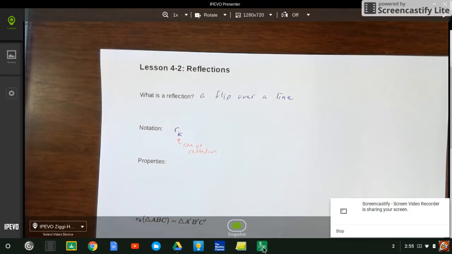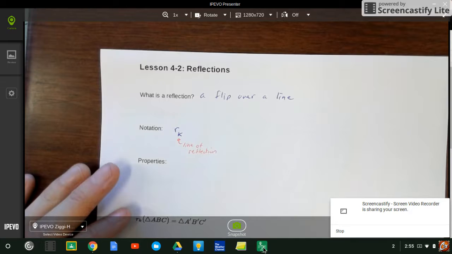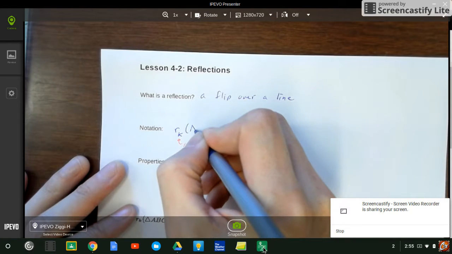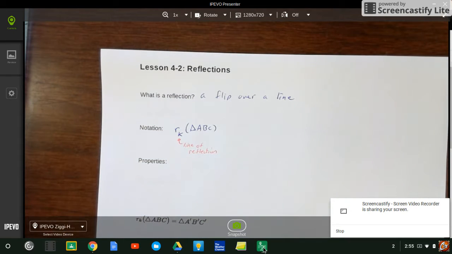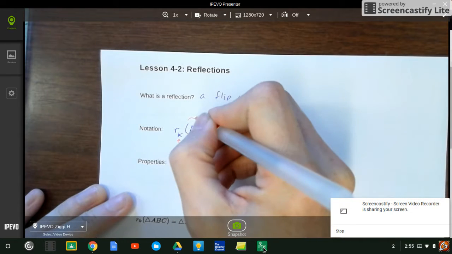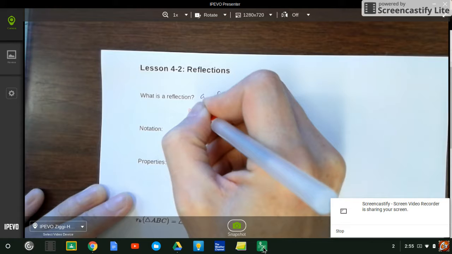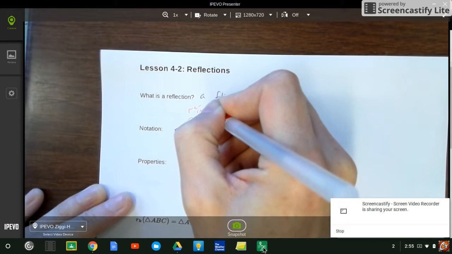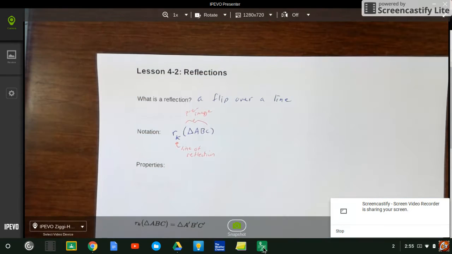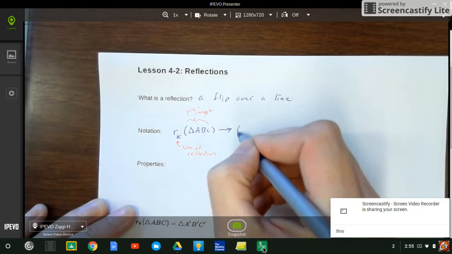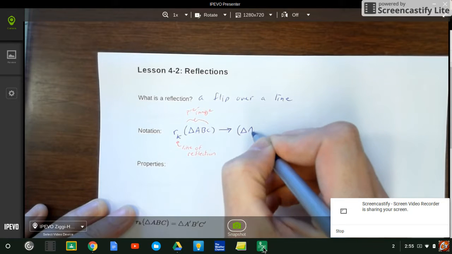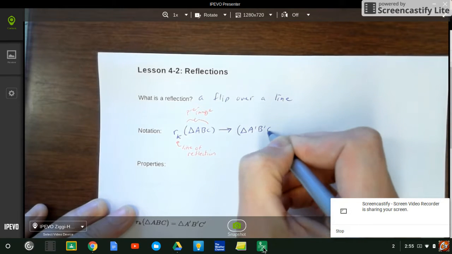Okay. And then in parentheses, it's going to have some kind of figure. Maybe we'll say triangle ABC. Okay. This is what's known as the pre-image. Okay. And it's where we are before we perform the reflection. Then we perform a reflection, and that gives me a new figure, A prime, B prime, C prime.